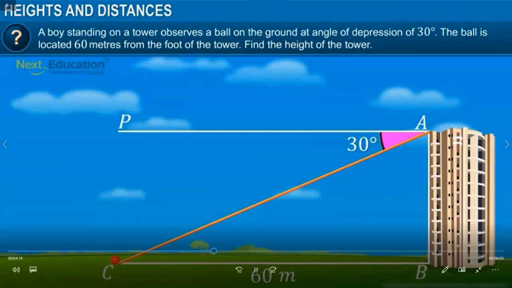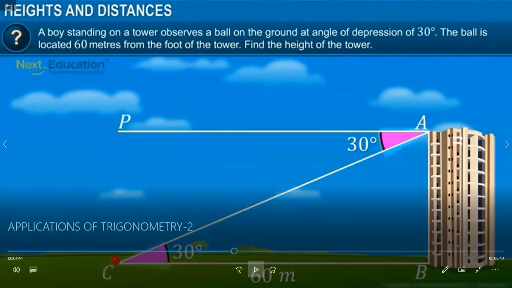Here, the side AC makes an angle of 30 degrees with the horizontal AP. Considering the side AC as the transversal of parallel lines AP and BC, angle ACB and angle PAC form a pair of alternate angles. This should be seen in the diagram: this is 30 degrees and this is again 30 degrees.